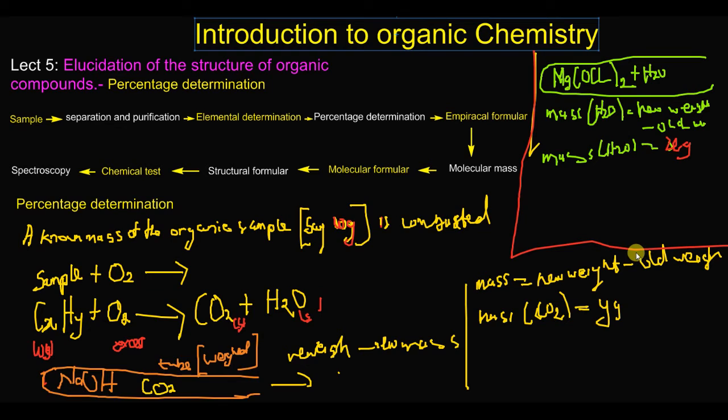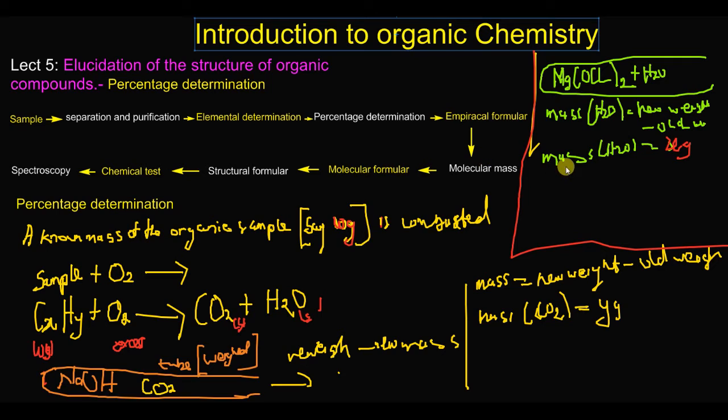We are going to use this mass to find the amount of carbon and hydrogen within the carbon dioxide. Once we know the amount of carbon inside the carbon dioxide, we automatically know that that is the quantity inside the sample.